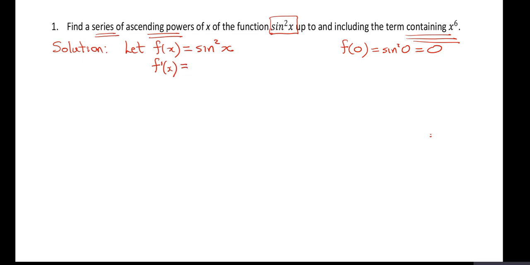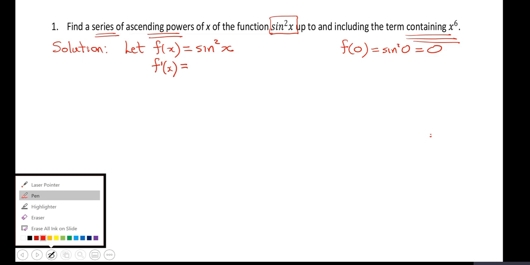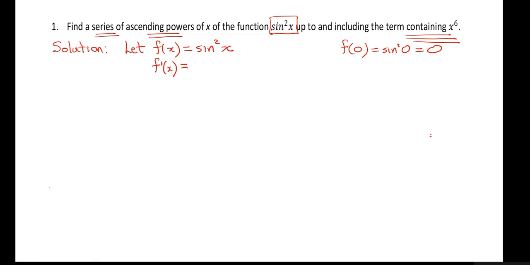Now, do you recall? The powers of trig functions always seem to be a problem. I guess another way of writing this would be sine of x all squared, which means using the chain rule, I must first use the power rule and then differentiate sine x, which I'm going to do.